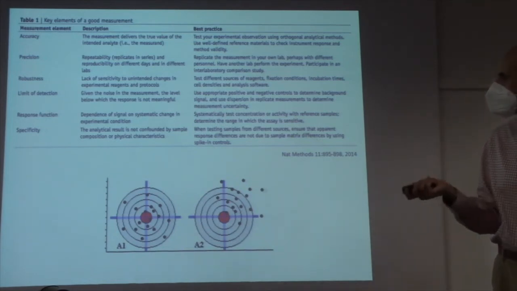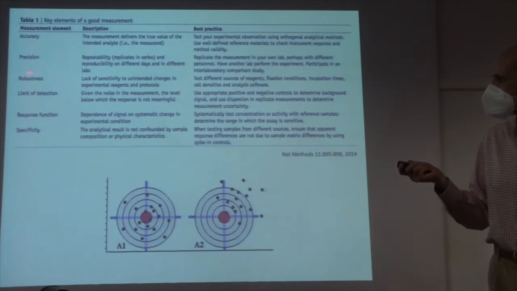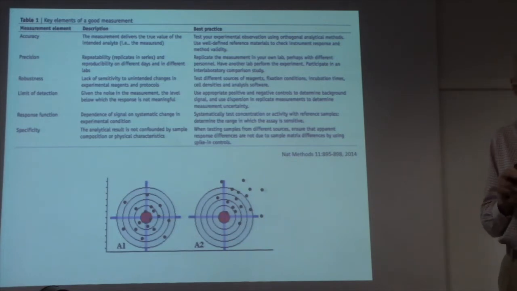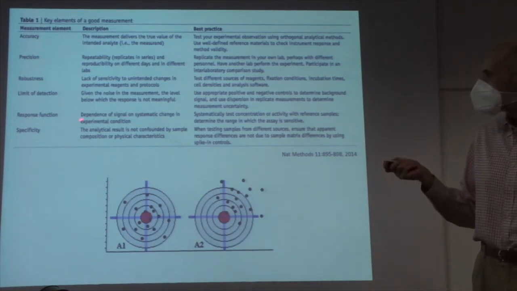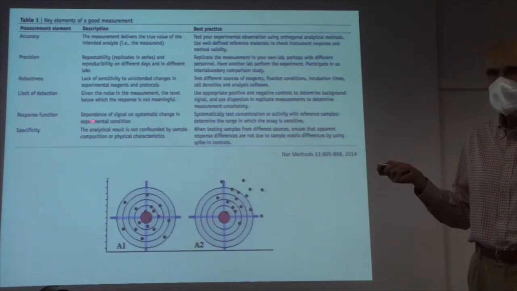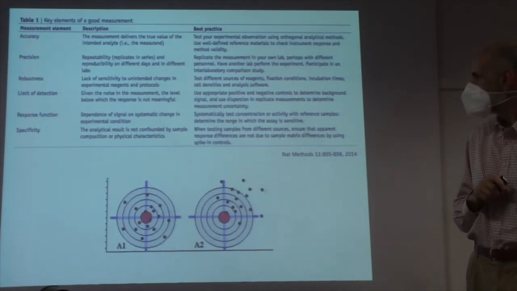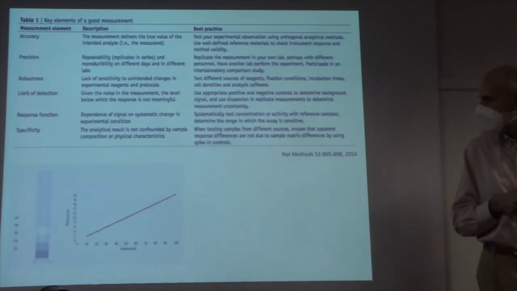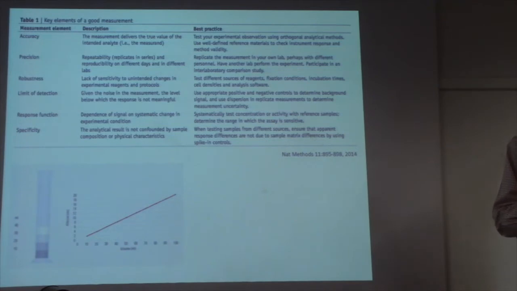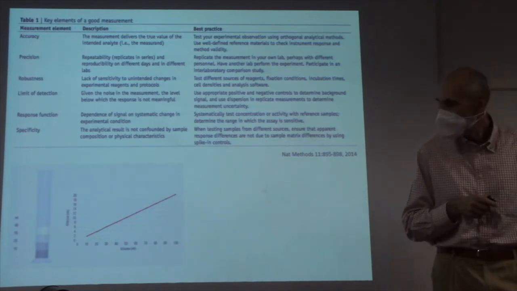Good. Next, response function. This is a bit complex. It is the dependence of signal on systematic change in experimental condition. Let's see a simple case. Suppose you are measuring the volume of a solution using a cylinder.